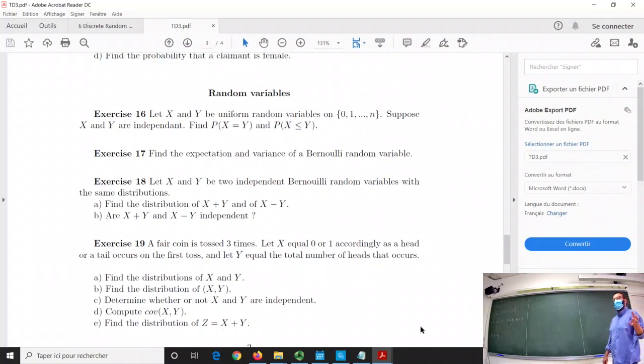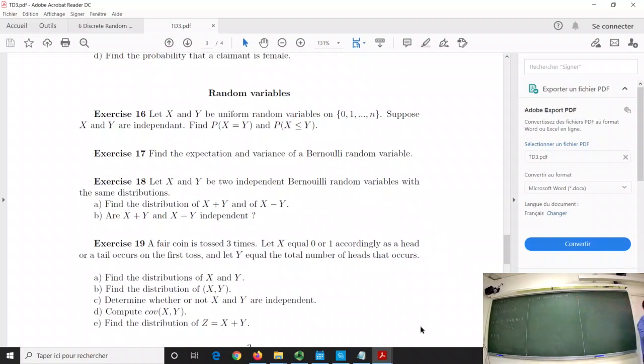But I repeat the general idea: when you have a probability to compute, first of all you have to understand what this set is. In fact, what is the set X equal to Y? I remind you that this is the notation for the set of the omega belonging to the universe such that X(omega) is equal to Y(omega). And the statement tells me that I know these probabilities and that the variables are independent.